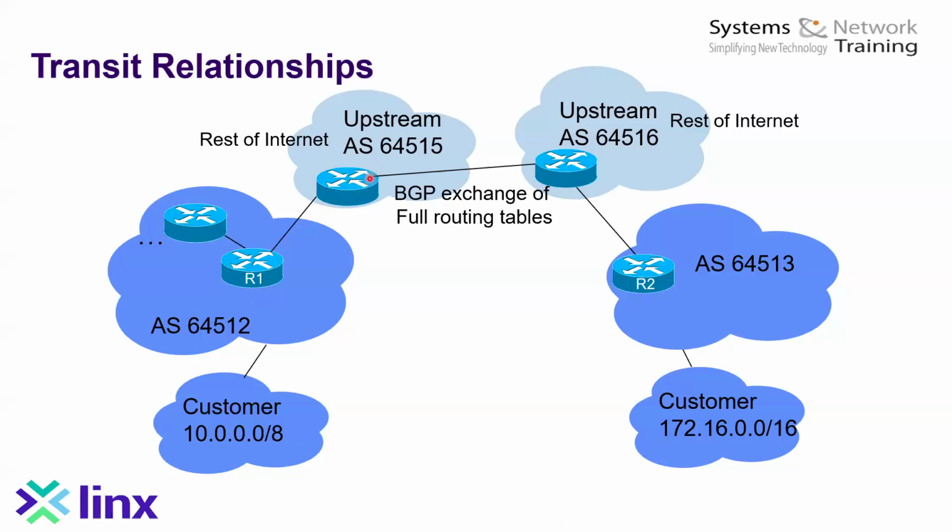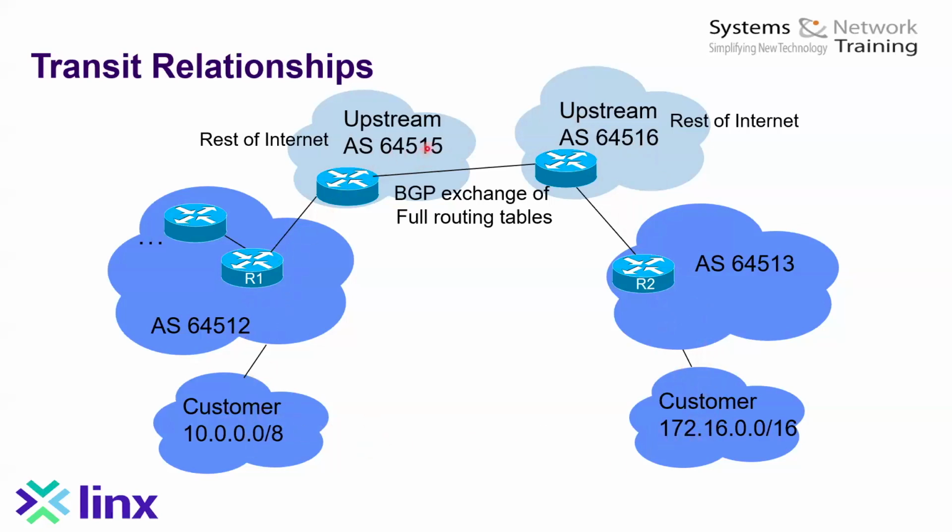And then that upstream provider exchanges routes with this provider, and then the packets can go all the way over here like so. So this prefix gets advertised this way through the upstream providers to this customer, and then this customer can send data packets there, and vice versa.